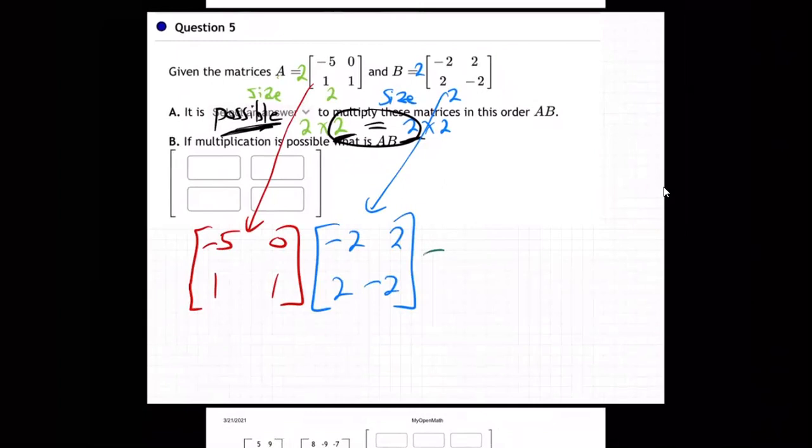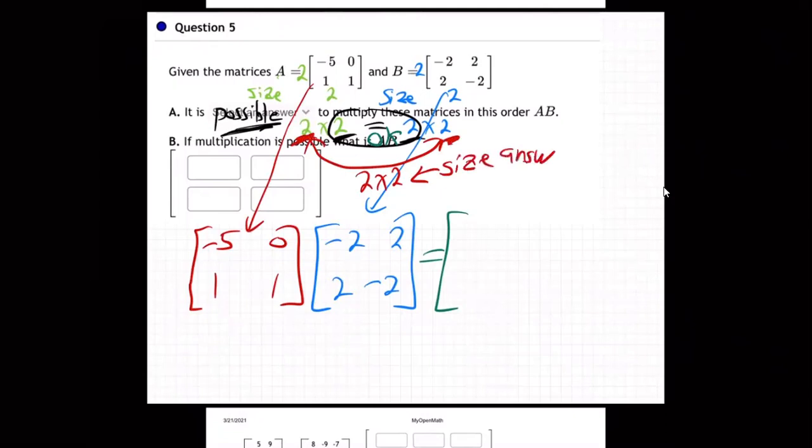The weirdest thing in the whole world is, first off, the inside numbers must be equal, so that makes it okay. And then the outside numbers, which are 2 by 2, this 2 and this 2, tell you the size of the answer, the dimensions.